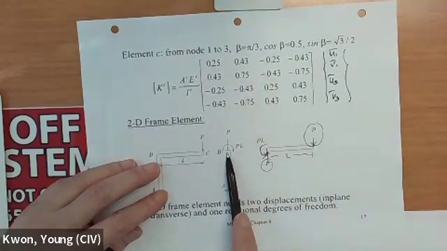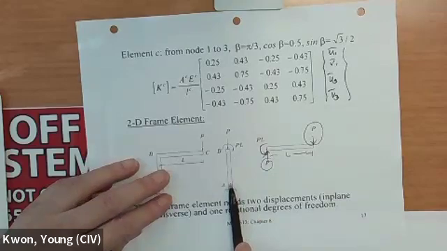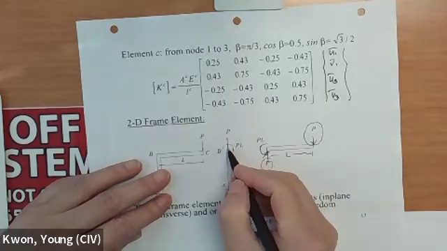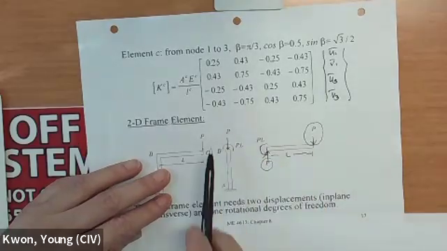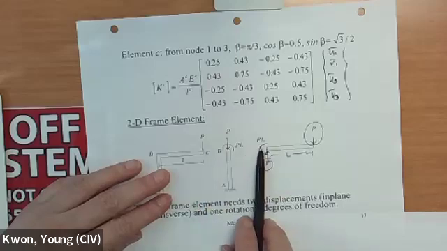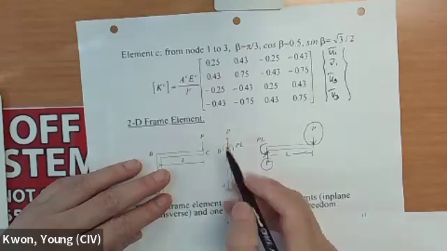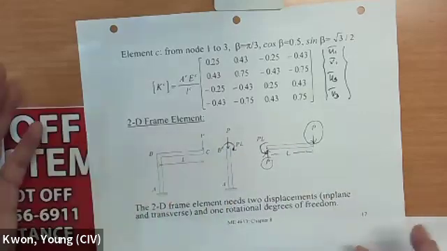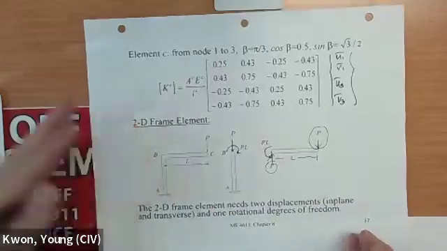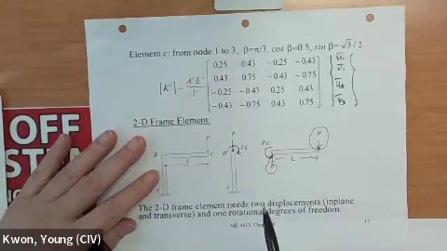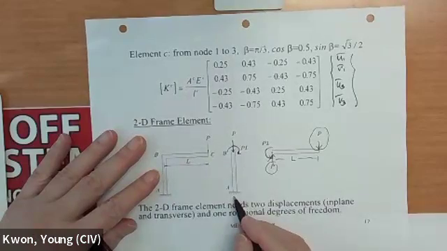Then on this member, from Newton's third law, action and reaction, if P is upward here, then this P is going to be downward. Same magnitude, opposite direction, so they cancel out when put together. Likewise, if the moment is counterclockwise, then that one is clockwise, so they cancel each other. Once you draw this free body diagram, of course you can put reaction forces and moment on this side too.